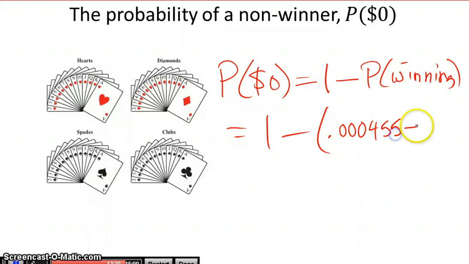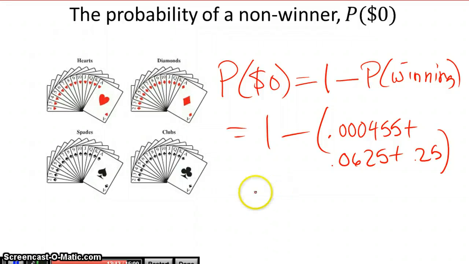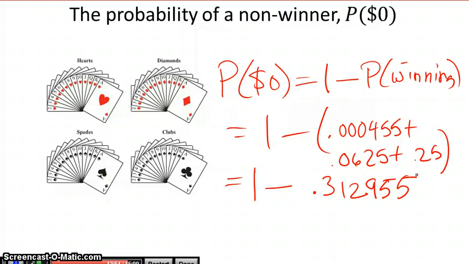0.000455 plus 0.0625 plus 0.25. I'm going to add up the probabilities of winning and subtract that total now, which is why I put them in parentheses, from 1. So this is going to be 1 minus 0.312955. So the probability of winning will be about 31.2955%.